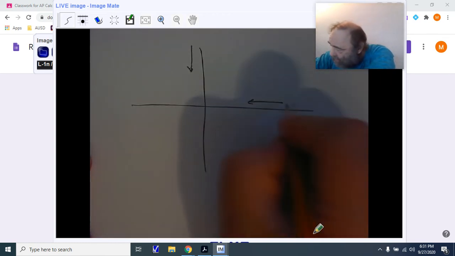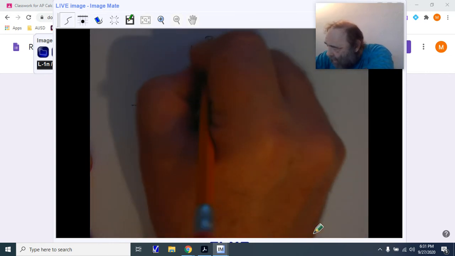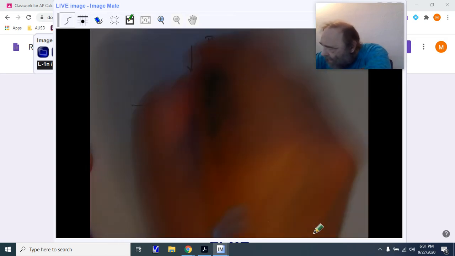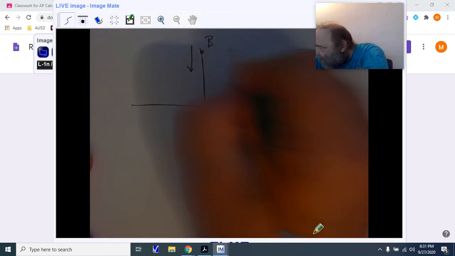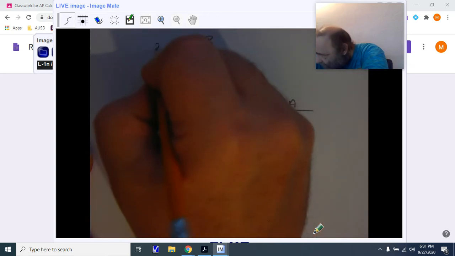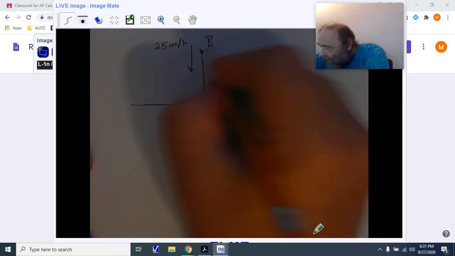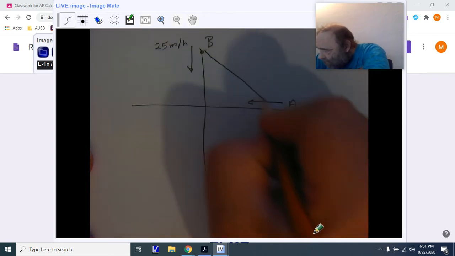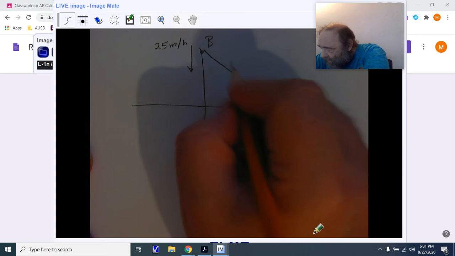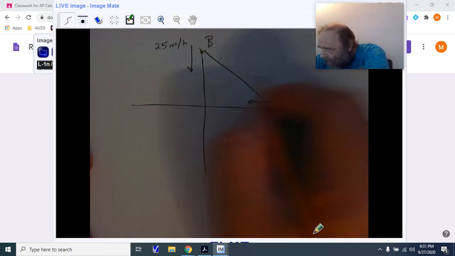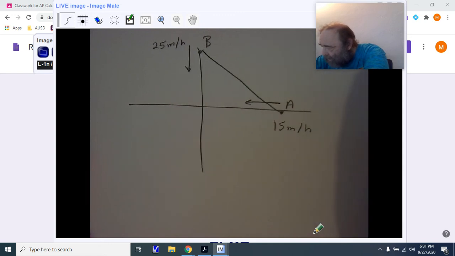So we have two cars. Let's say we have car A and car B. Car A we're going to have moving at 15 miles per hour, and car B moving at 25 miles per hour. Now you'll notice that as these two cars are moving, the hypotenuse is going to change.